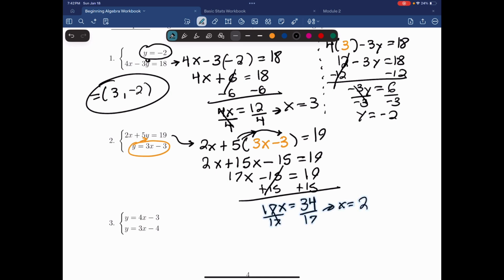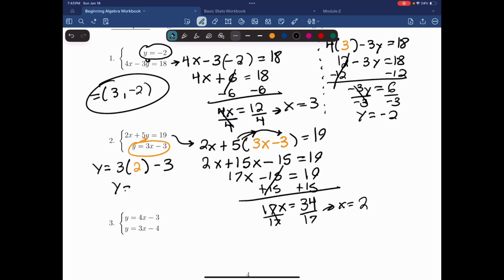And now, all we have to do is take our value of x and plug it in. I'm going to plug in x into this bottom equation here. So that's going to make our lives a little bit easier. So we get y equals 3 times x, which is 2, and subtract 3.